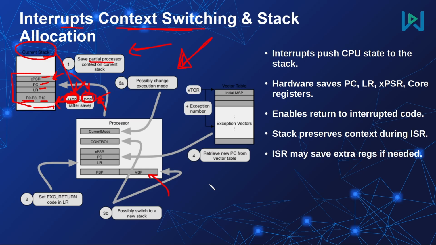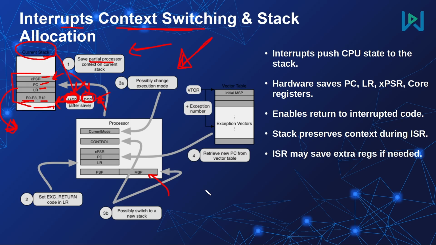And later, during an interrupt or exception exit, the hardware will need to restore the CPU state. This is done by popping the different CPU registers that have been previously pushed to the stack area.